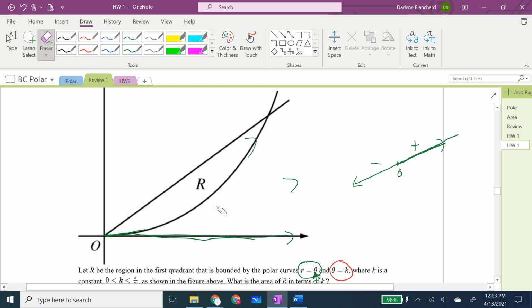And now what I'm going to do is emphasize that this particular graph is the graph r equals theta.